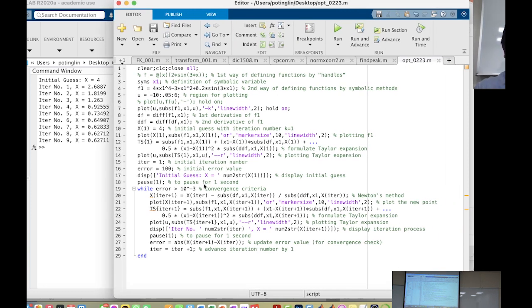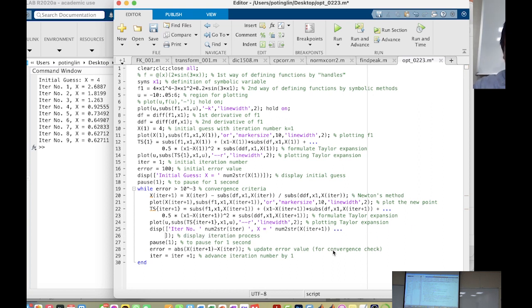So during the process, I will display the function value right here. Okay, the way to plot out is right here.